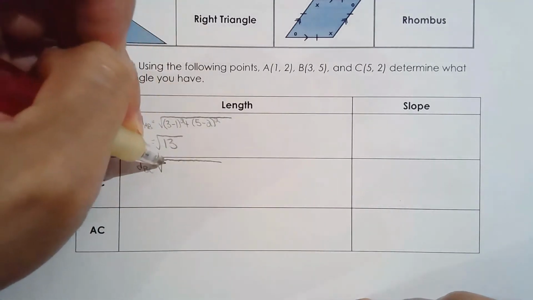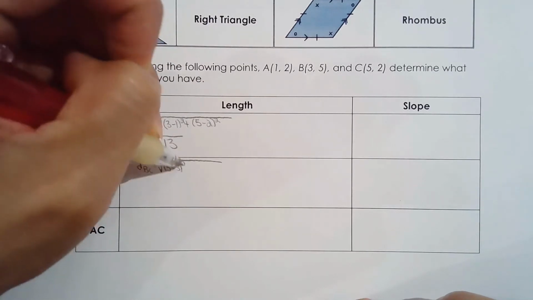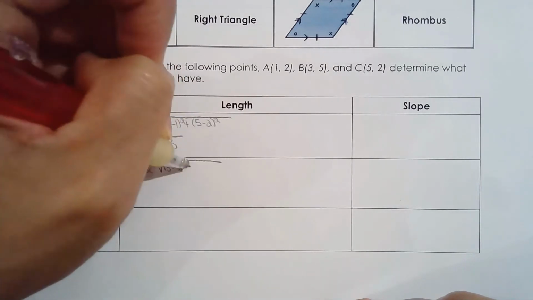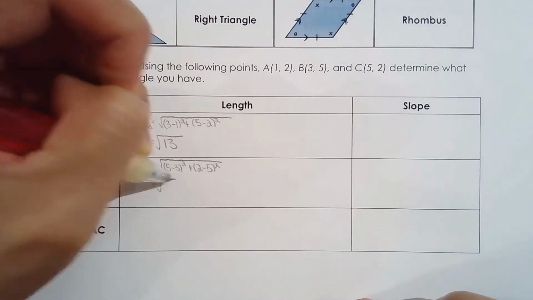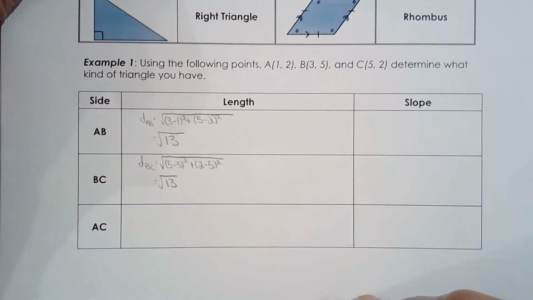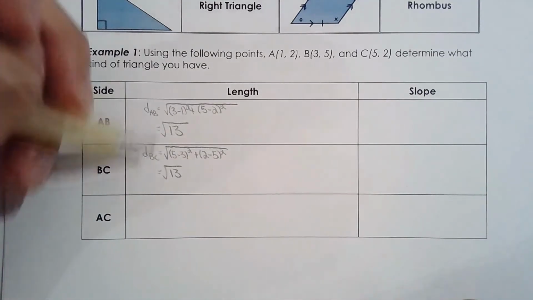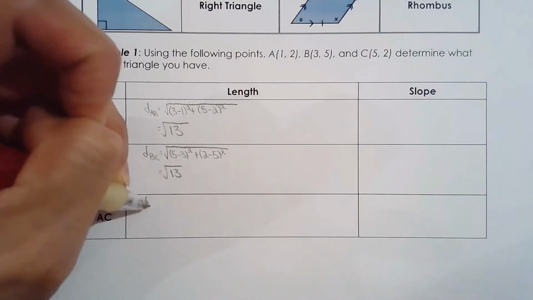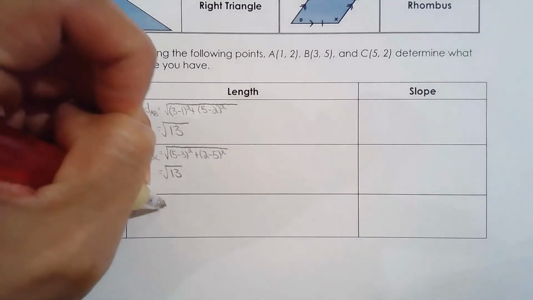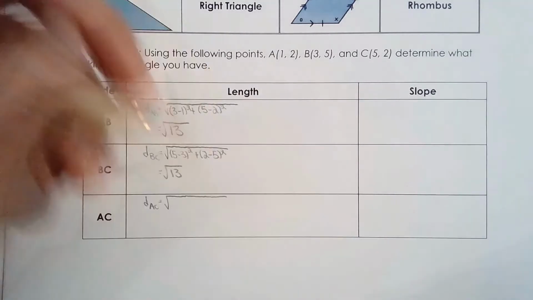It's going to be 5 minus 3 and 2 minus 5, and it's also root 13. So right off the bat, I can tell you it's either equilateral or isosceles. Once I find the third length, I will know the answer to that question.